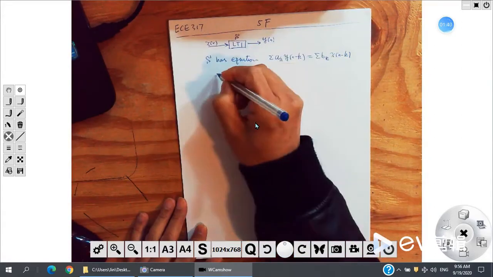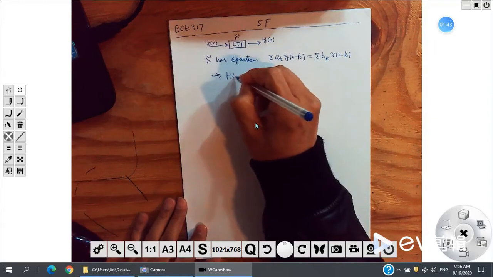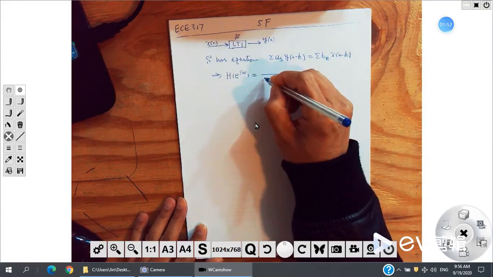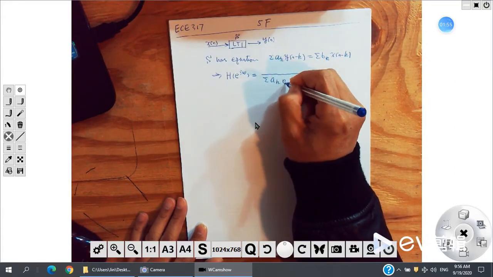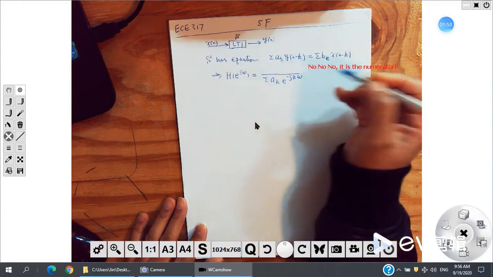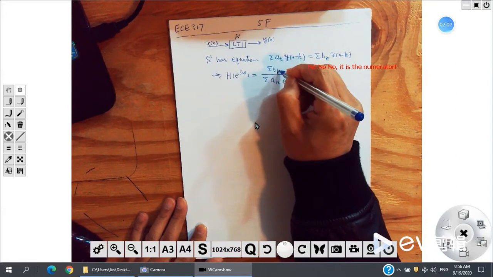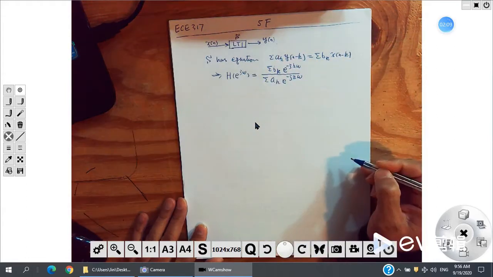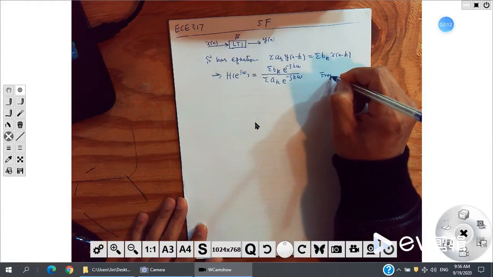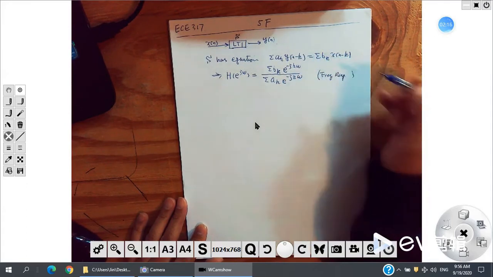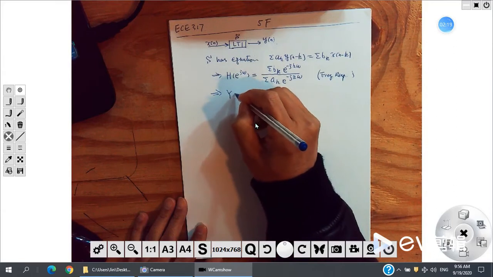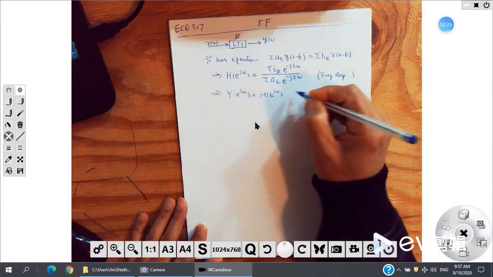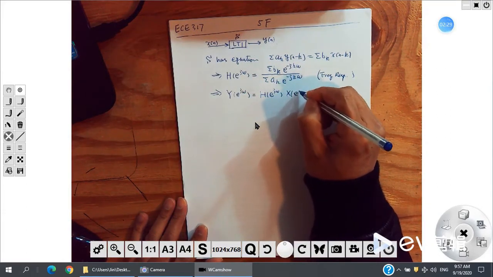Then we can have the frequency response H(e^{jω}) equal to the summation of b_k e^{-jkω} in the numerator, and the denominator is the summation of a_k e^{-jkω}. This is the frequency response. Then the output equals the frequency response times the input, of course in the frequency domain.